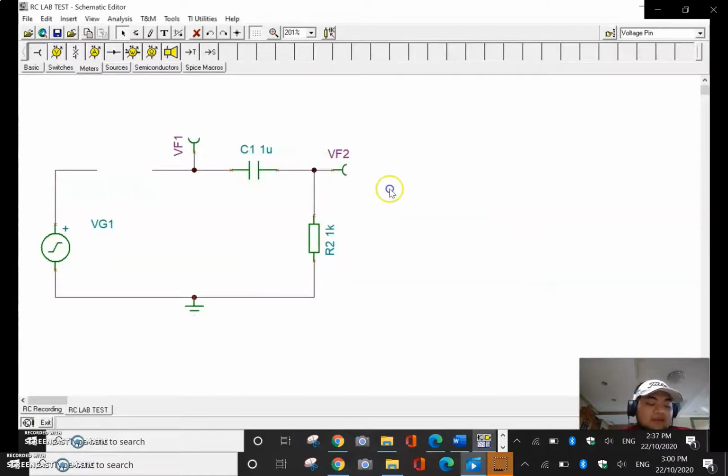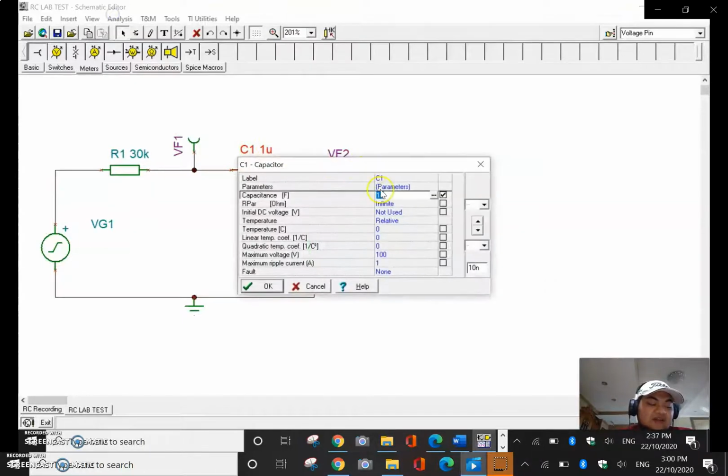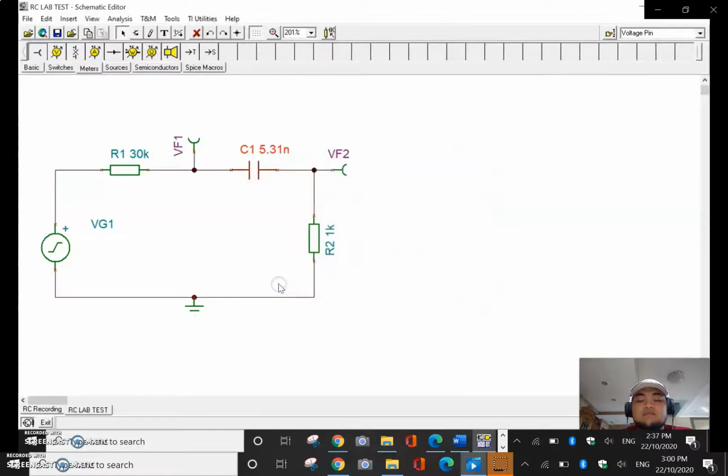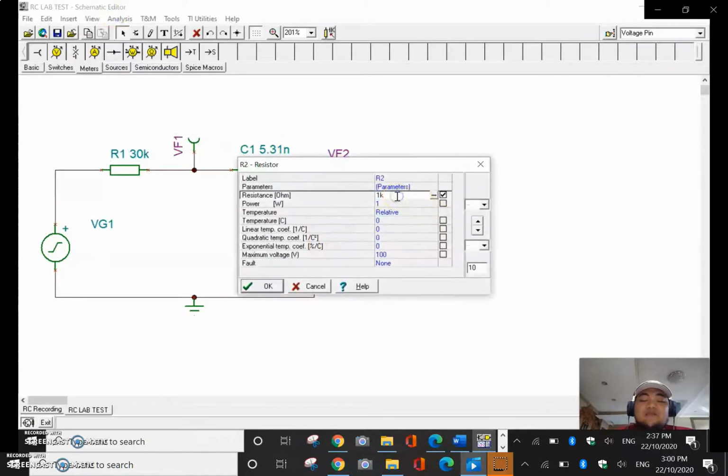And for our capacitor, as we have calculated earlier, it is 5.305 nanofarads. It will round to 5.331 nanofarads. And for R sense we only put 1 ohm.